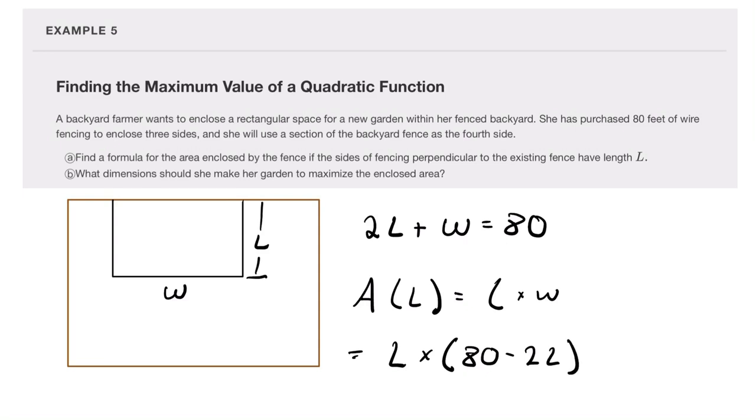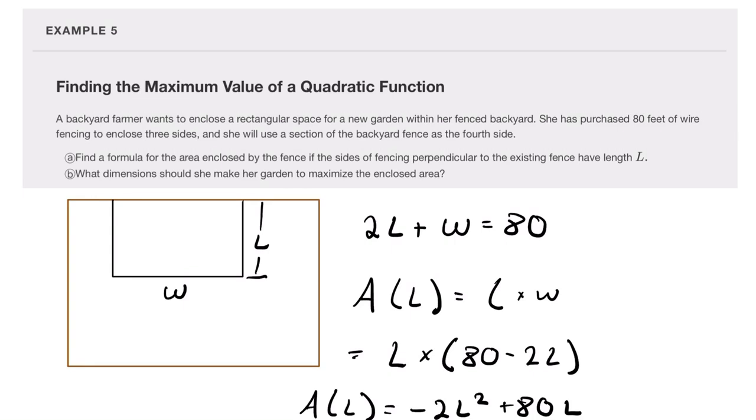Okay. So then the area based on the length, if we distribute, we get negative 2L squared plus 80L, right?